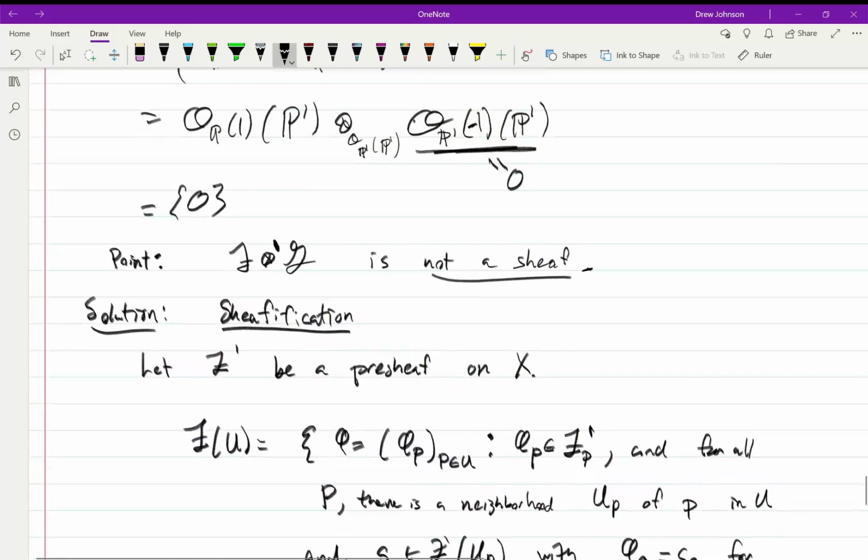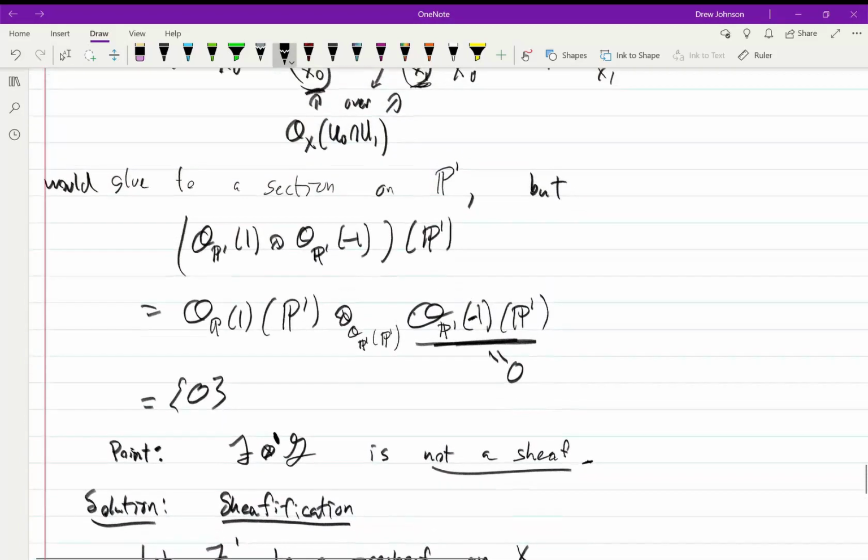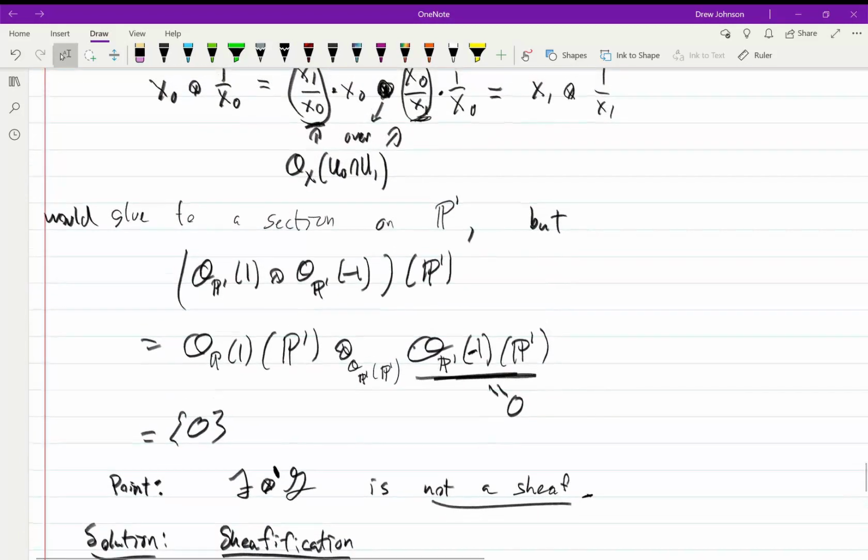If we look back at our example up here, we saw that the tensor product, sorry, I should have put a little prime here. This pre-sheaf tensor product here had 0 sections, but in fact, the sheafification of this tensor product has a section.